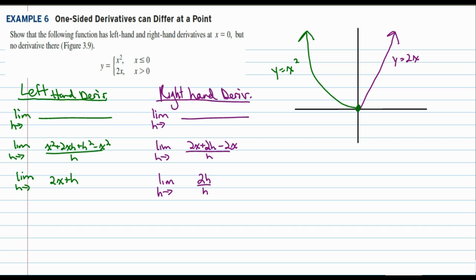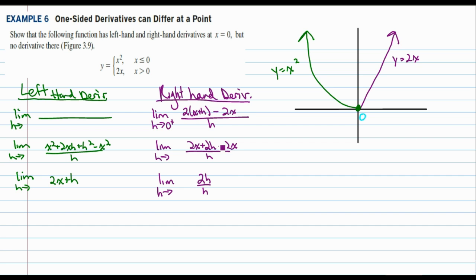So let's look at the right-hand derivative. We want to know specifically what's happening here at x equals 0. So coming in from the right towards x equals 0, I'm looking at the piece 2x. So I want to know the limit as h approaches 0 from the right of f of x plus h, so that's 2 times x plus h, minus f of x, so 2x, all over h.